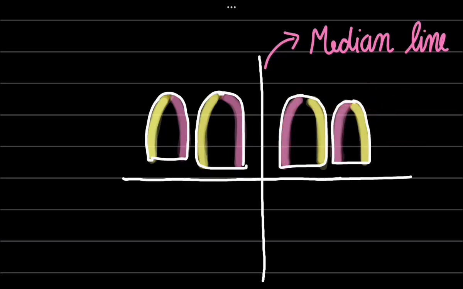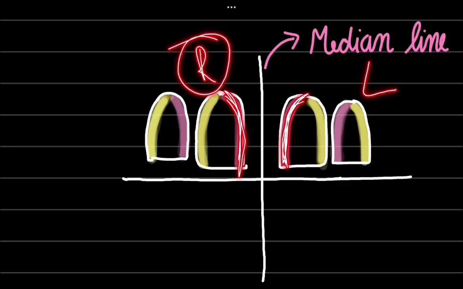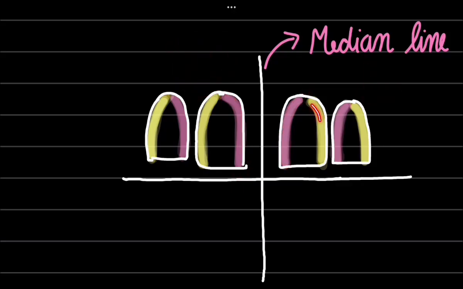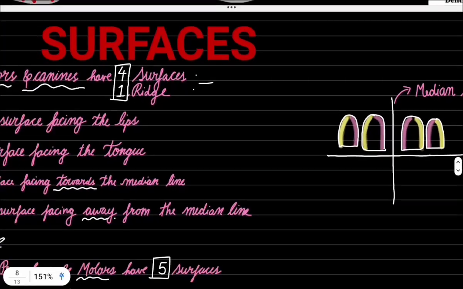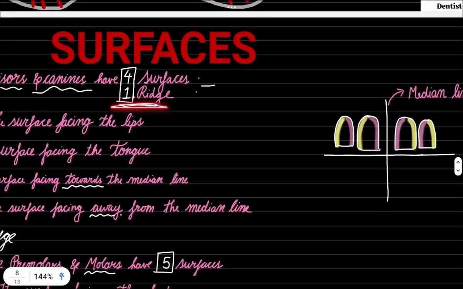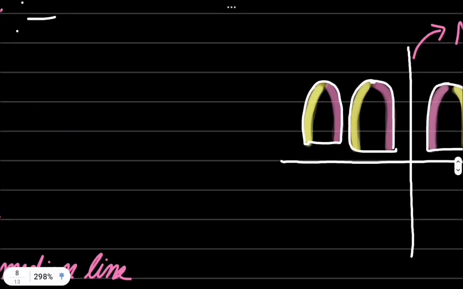In the incisors, the mesial surface of the maxillary central incisor of the left side will face the mesial surface of the maxillary right incisor. But the distal surface of the maxillary central incisor will face the mesial surface of the maxillary lateral incisor. Now the ridge. Here we are talking about the incisal ridge.